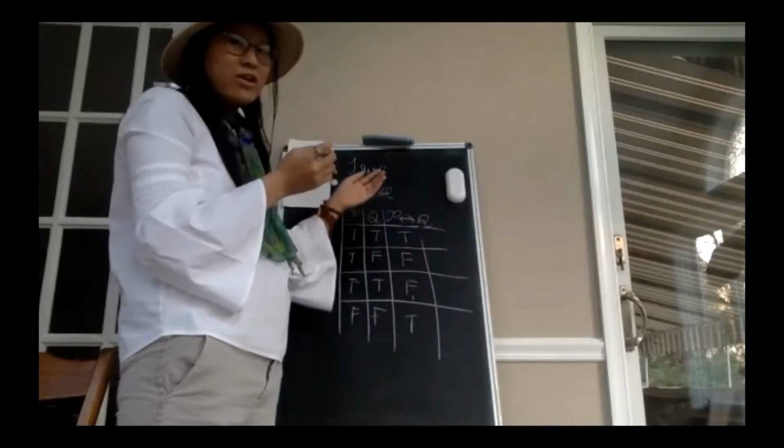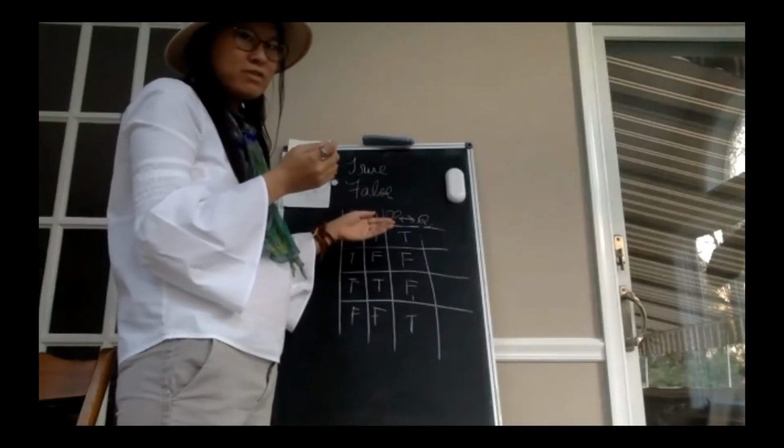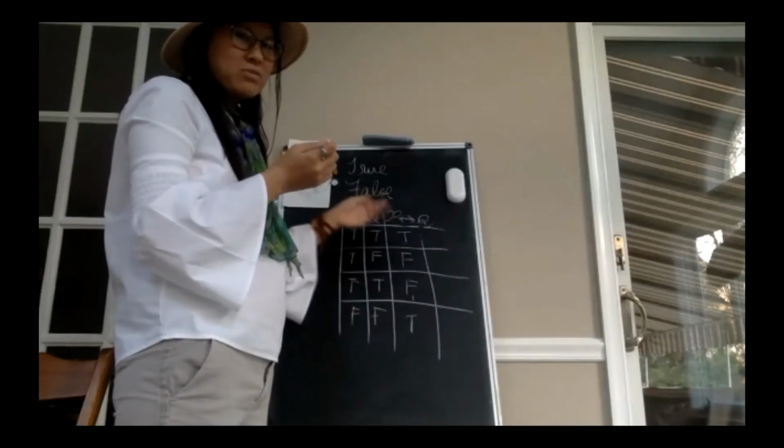And then our and would be false because not both of the parts of it would be true.